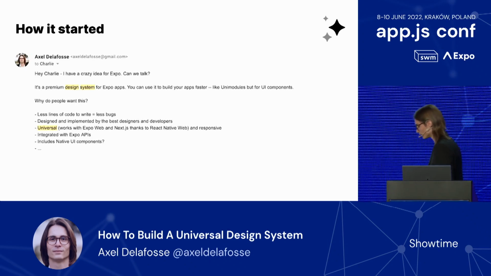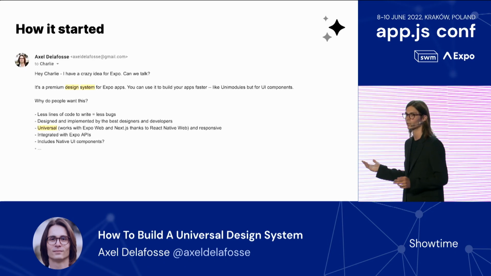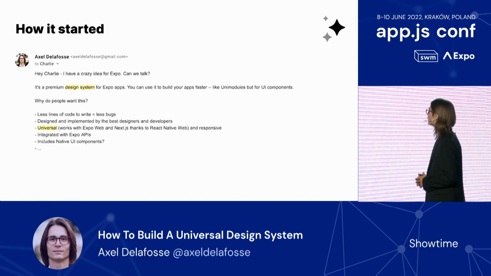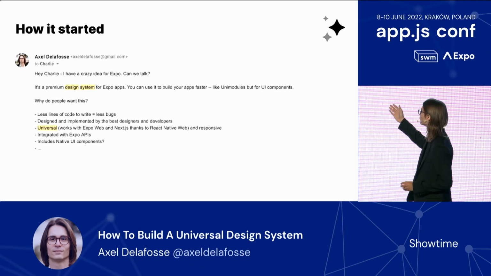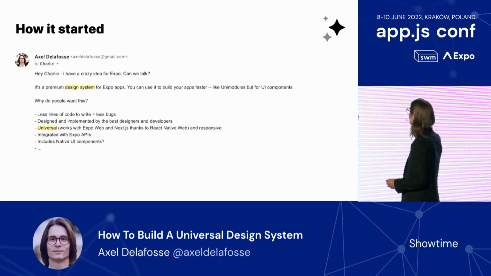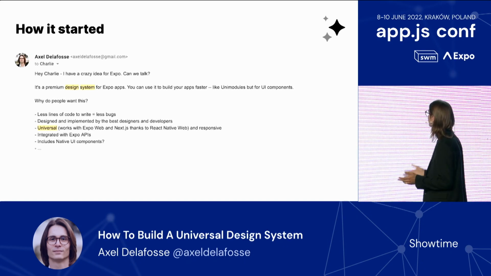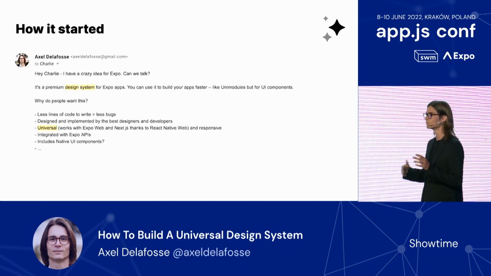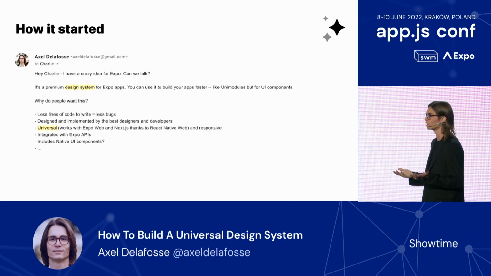So how it started? Back when I was talking with Charlie about joining Expo, in January 21, if I remember correctly, I said, hey, Charlie, I have a crazy idea for Expo. It's a premium design system for Expo apps. You can use it to build your apps faster. Think of it like Expo modules, but for UI components. And why do people want this?